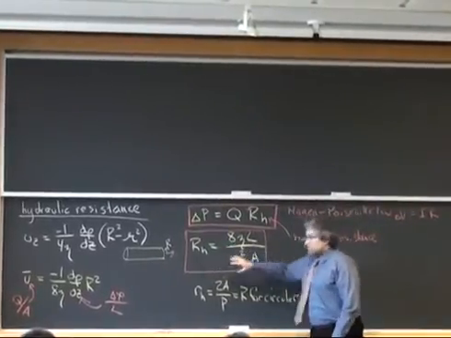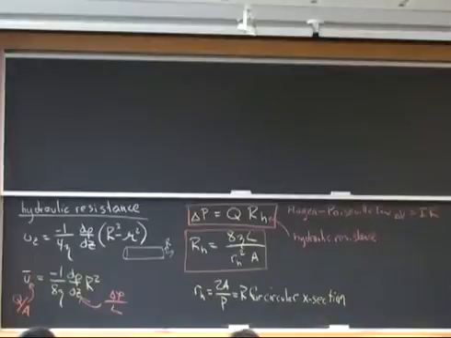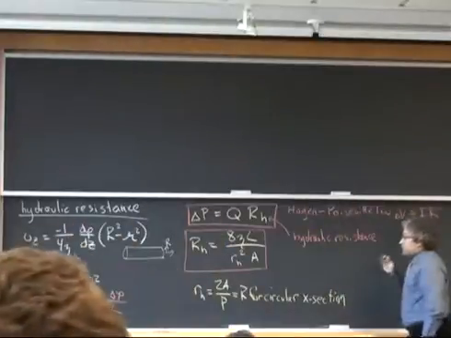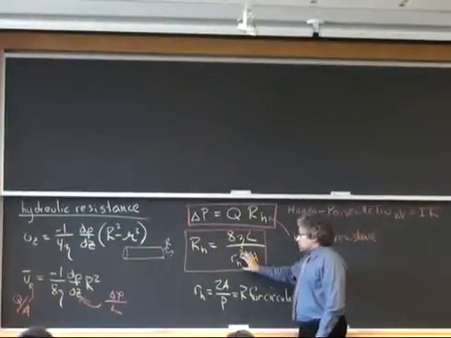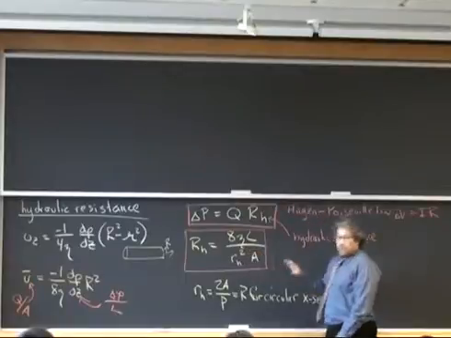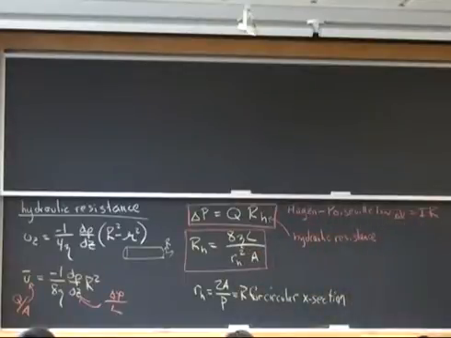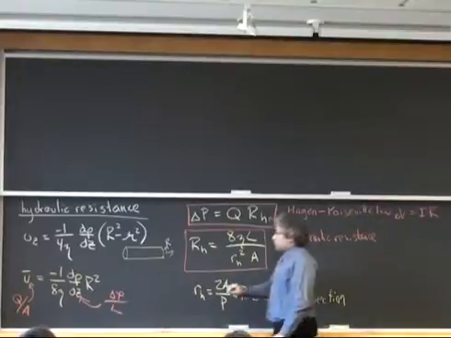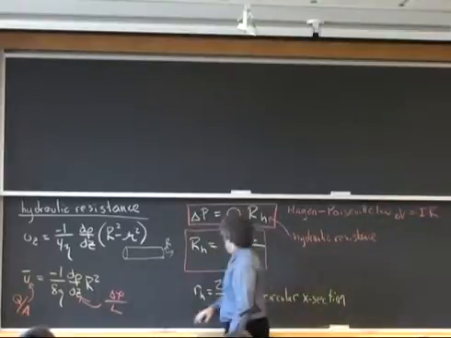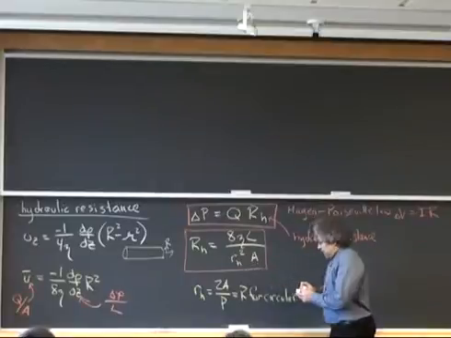And as I've written it here, I've now written a general expression that is meant to describe not only channels of circular cross-section, but in fact a channel of any cross-section. And the key difference is that I've replaced this radius with a hydraulic radius.